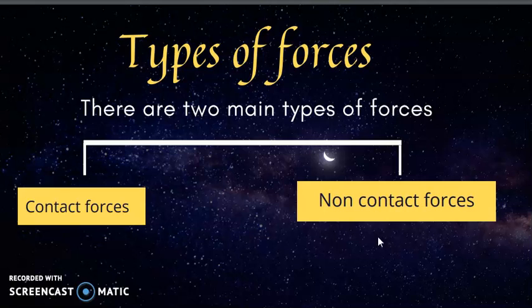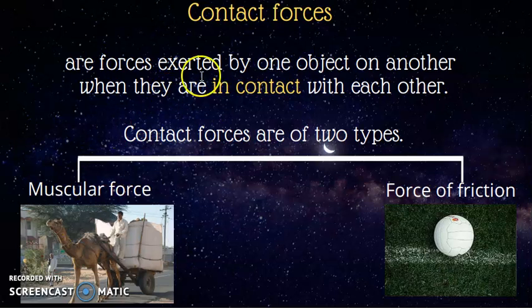Let's study some examples of contact force, and some examples of non-contact force. So, as I've told you before, contact forces are the forces exerted by one object on another when they are in contact. So, which are the two types of contact force around us?